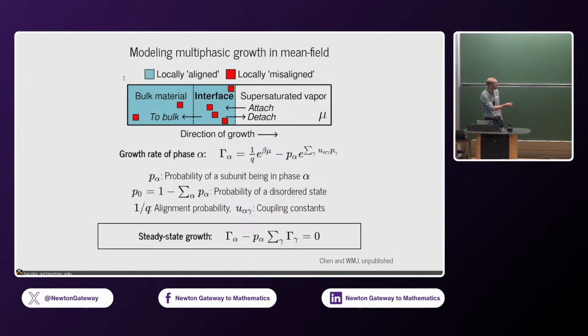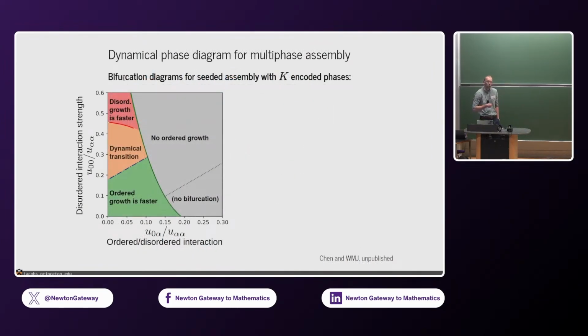Okay, so I'm going to solve for this steady state growth. This is what's happening at the interface, and this represents the fact that the interface is moving forward in this growth direction. Okay, so if you do this, you end up arriving at a dynamical phase diagram that tells you about the conditions under which you can selectively grow these encoded structures.